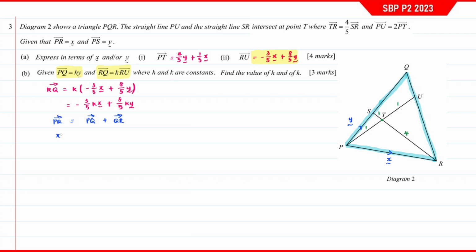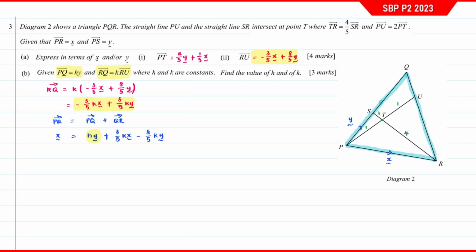Vector PR is X. PQ, we know, is equal to HY. And for QR, it is moving in the opposite direction of RQ here. Therefore, the vector QR will be positive 3 over 5KX minus 8 over 5KY.